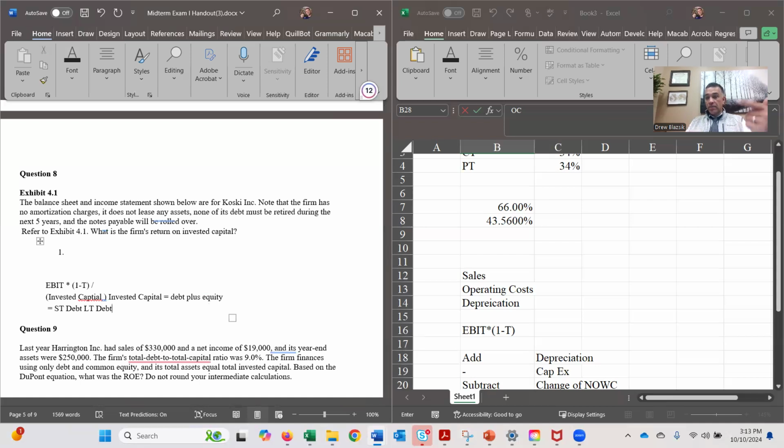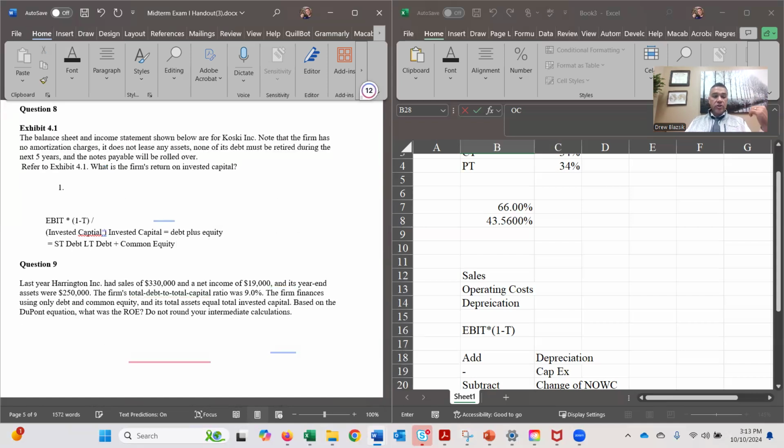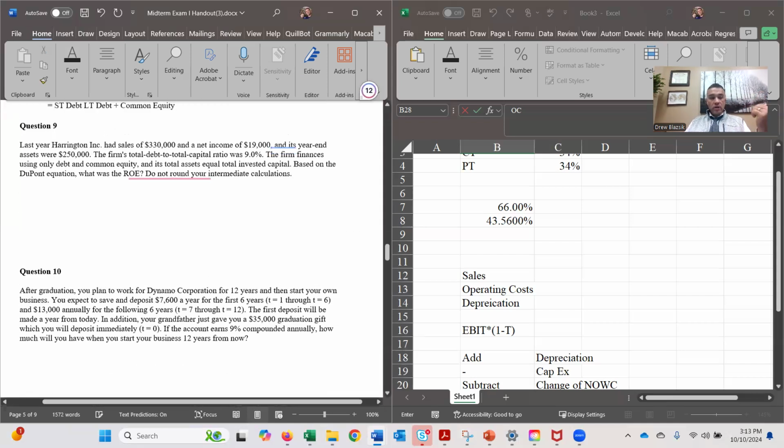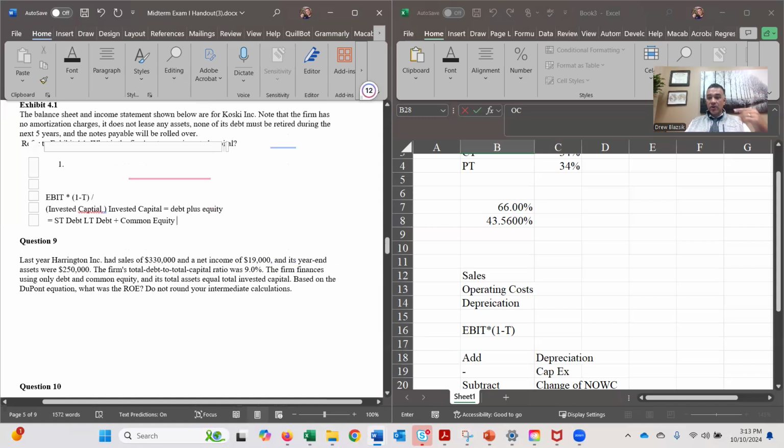That's total debt. So you're going to look at bonds and you're going to look at notes payable, that's short-term debt. And then you want to add in common equity. And then that will give you the return on invested capital. So your capital, part of it's debt, part of it you own.